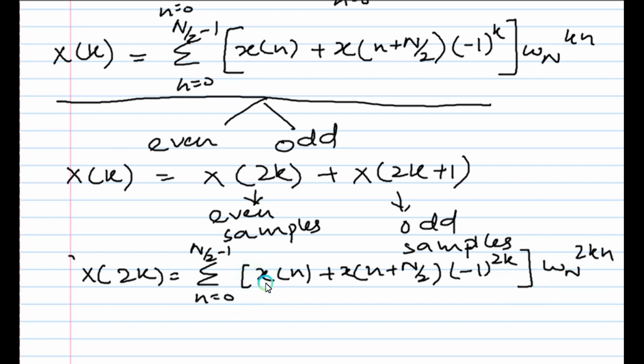What I have basically done here is replaced k with 2k. We had minus 1 raised to k, so we have written minus 1 raised to 2k here. Here we had W_N kn, so instead of k we have written 2k.